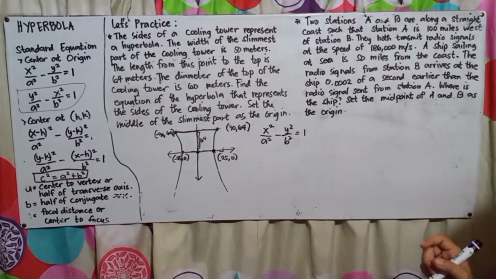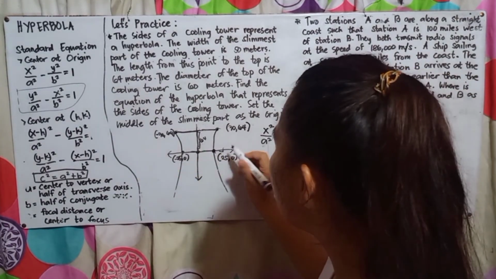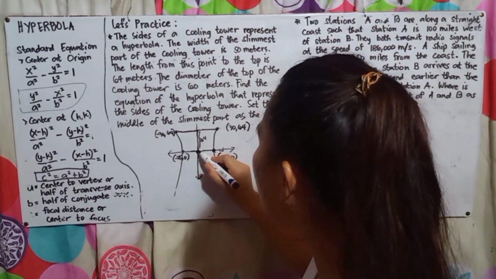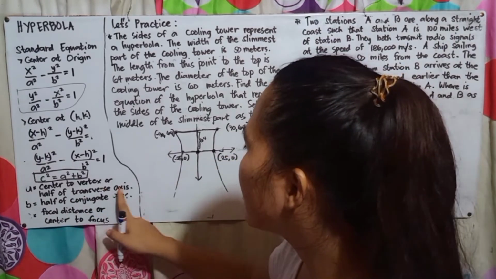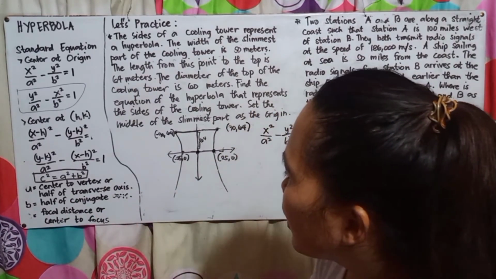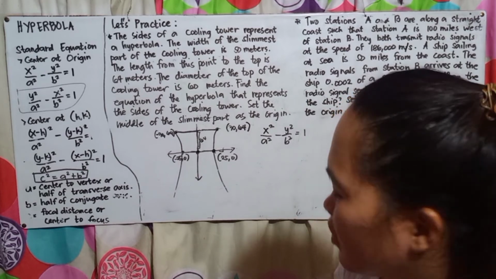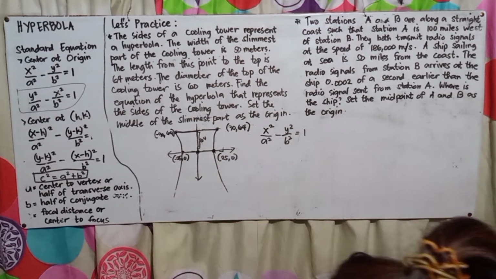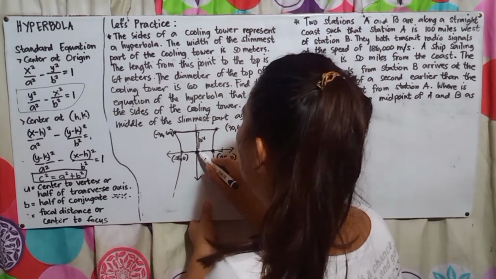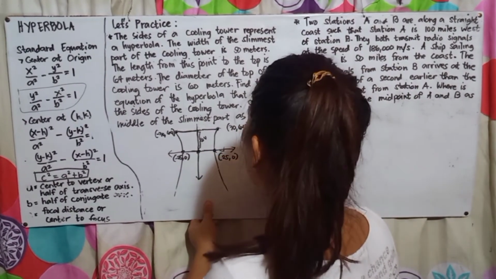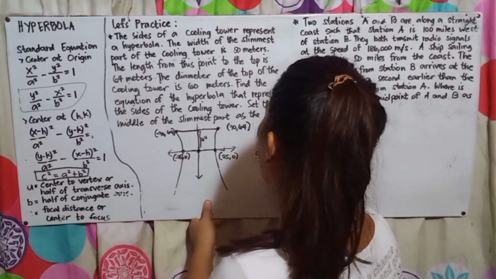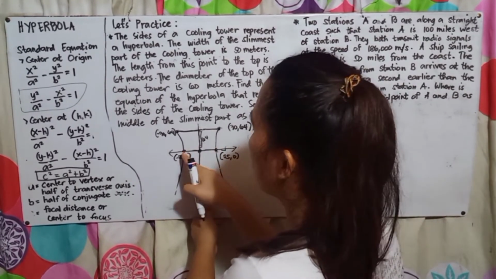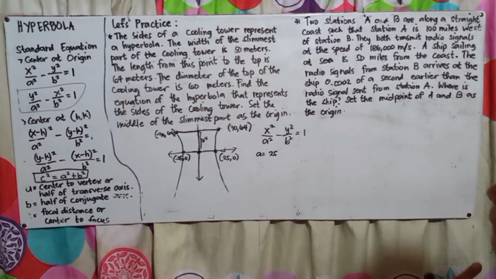From the given, this is our center, this is our vertex. Center to vertex is how much? Our A is from the center to the vertex. So, our A is 25. 25 plus 25 equals 50.